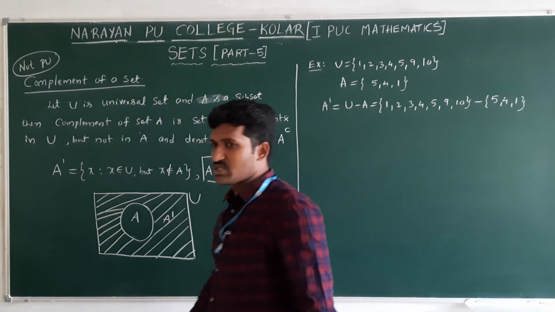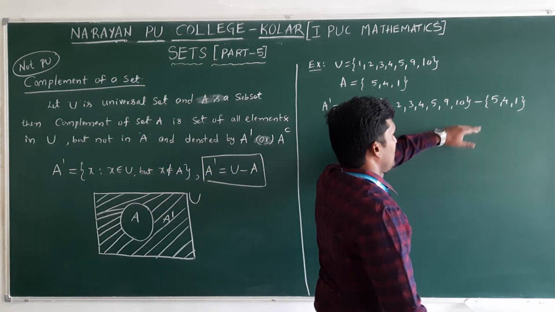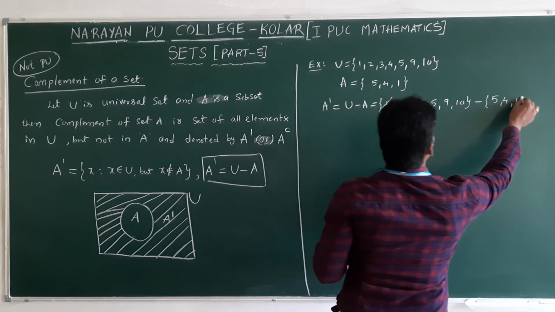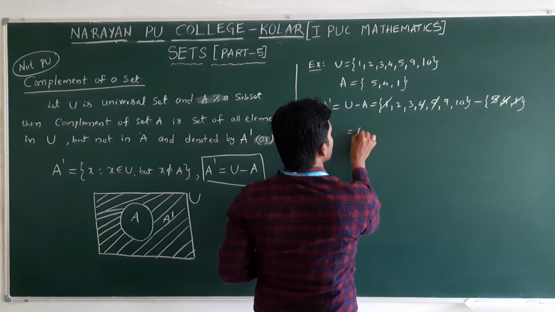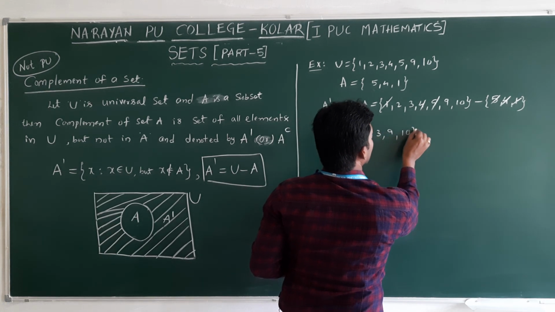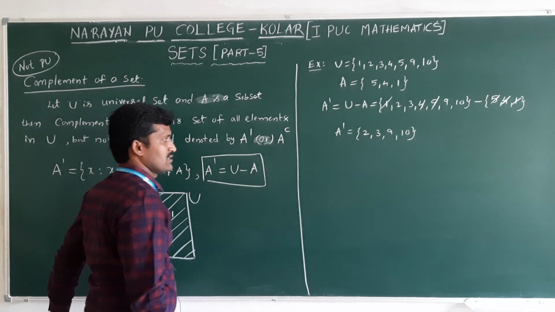The common elements between U and A are eliminated: 1, 4, 5. So the elements remaining in U except A are 2, 3, 9, 10. These are the elements related to A dash, the complement of a set.